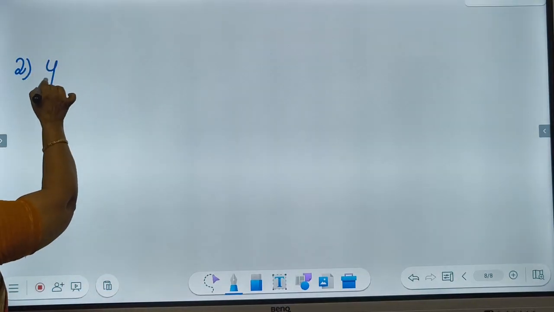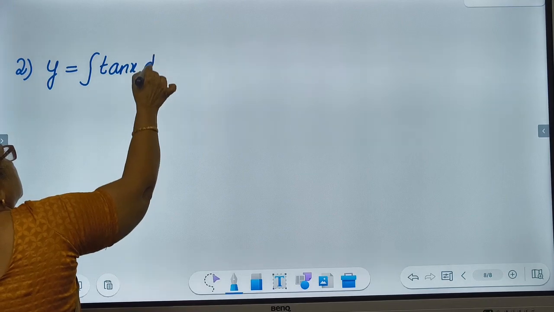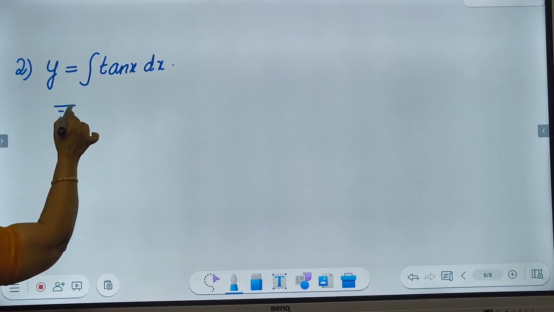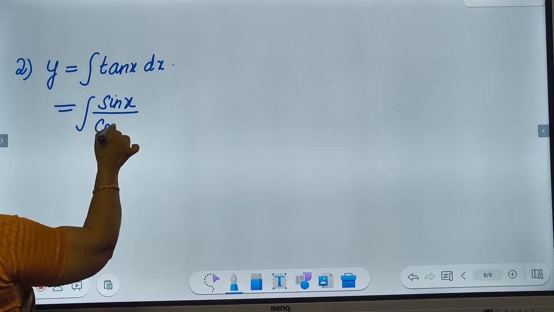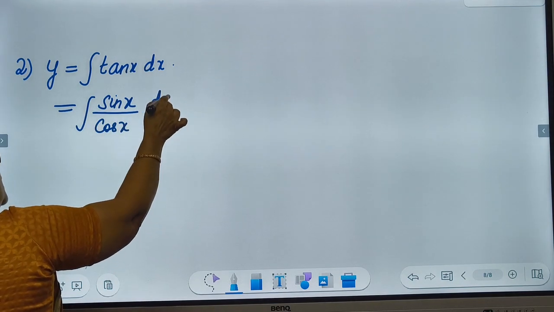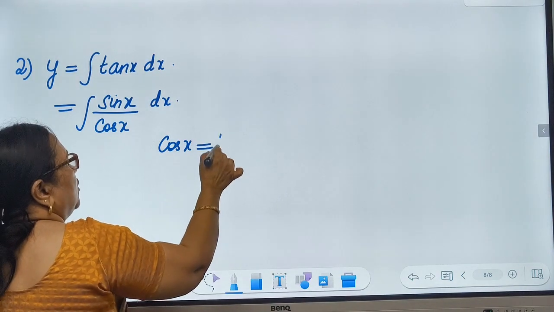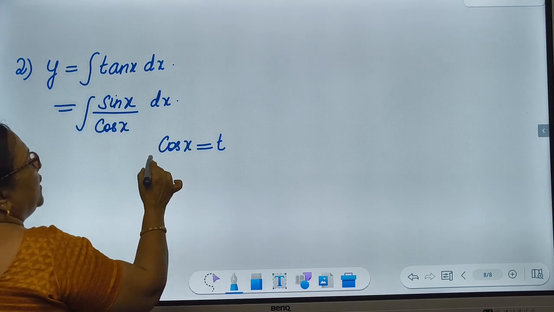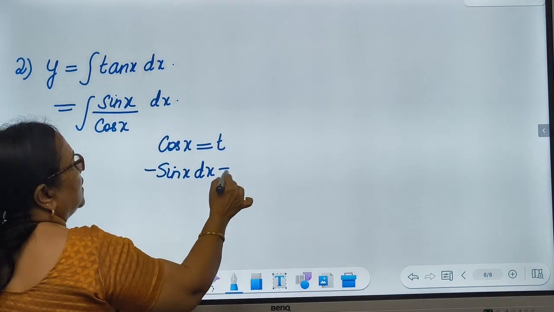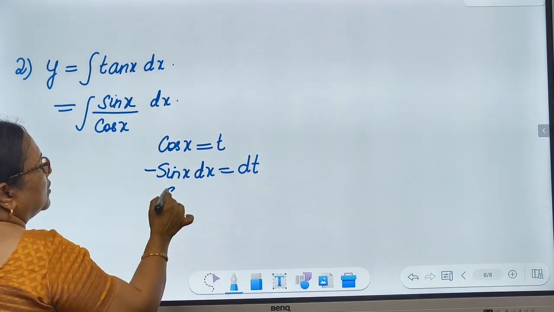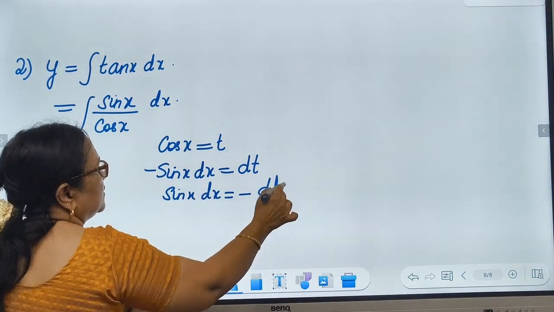second example, let us take y equal to the integral of tan x dx. Very similar method: integral of sin x by cos x dx. Now if I put cos x equal to t, then differentiating, I will get minus sin x dx equal to dt, or sin x dx is equal to minus dt.